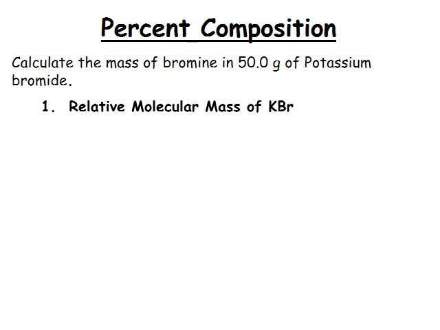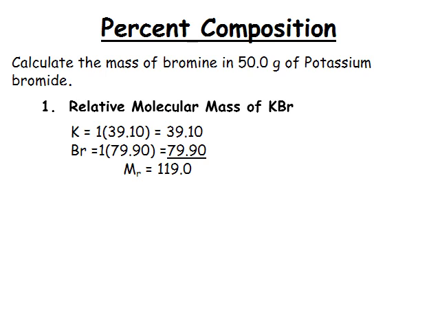The first thing is you've got to find the relative molecular mass of potassium bromide. So you go to your periodic table, you find the relative atomic mass of potassium and the relative atomic mass of bromine, you add them together, and it gives you the relative molecular mass of potassium bromide of 119.0. Step 2, you work out the decimal of the amount of bromine in it.